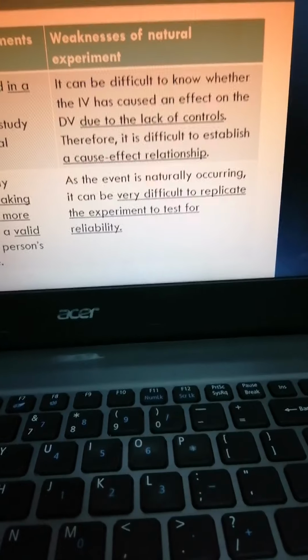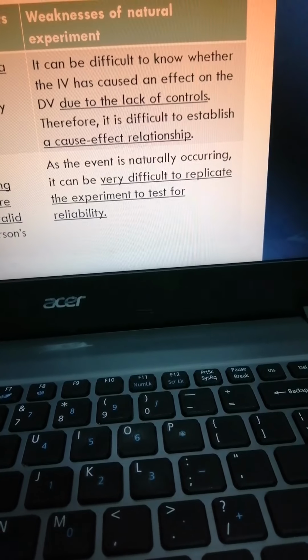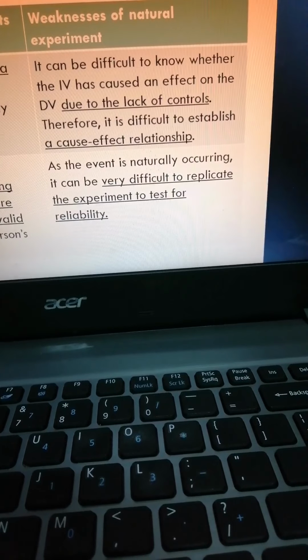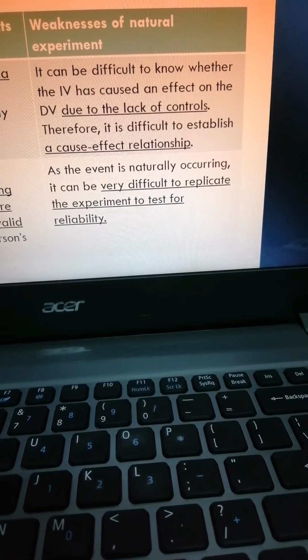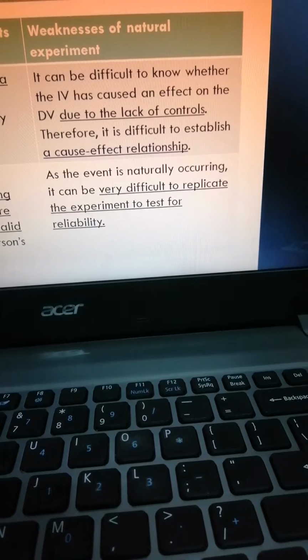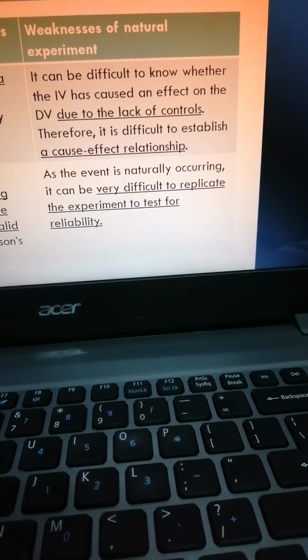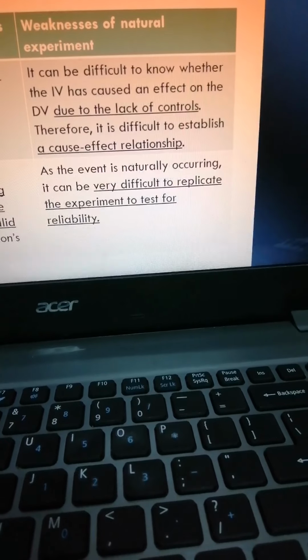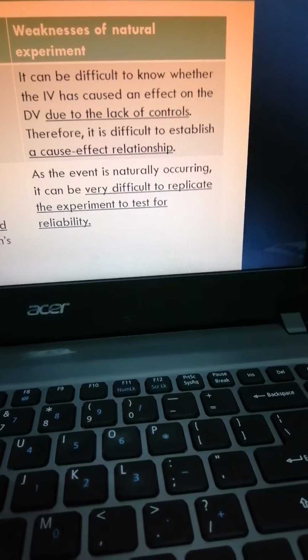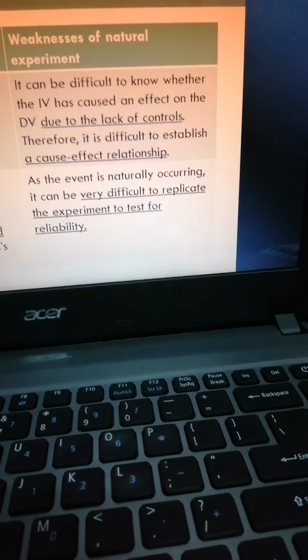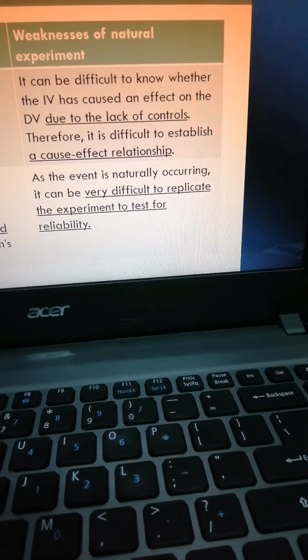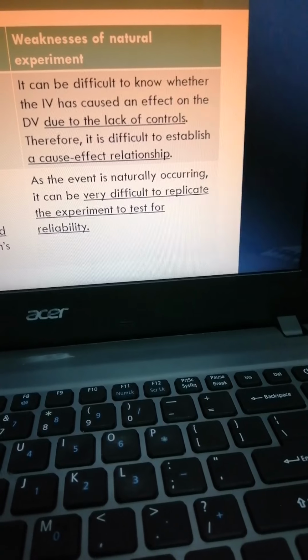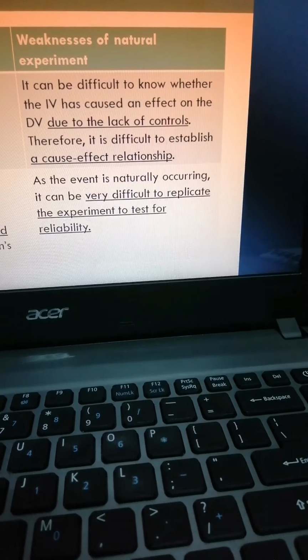And the other one is the weakness. Because it can be very hard to control or manipulate the independent variable, it is kind of hard for researchers to identify. For example, let's use the IQ level and how much revision the students have done. Is there any link between IQ level and how much revision a student has done?